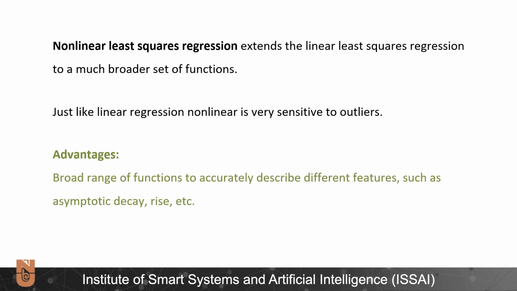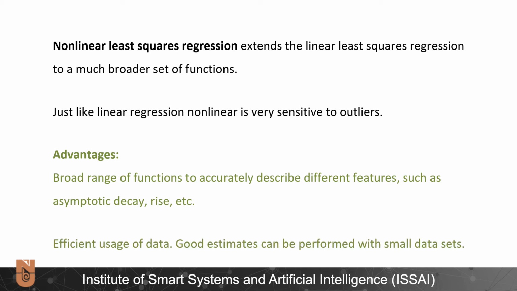There are several advantages of nonlinear least squares regression, and the first one is broad range of functions that can be used to accurately describe different features such as asymptotic decay, rise, etc. Secondly, there is efficient usage of data. Good estimates can be performed with small data sets.